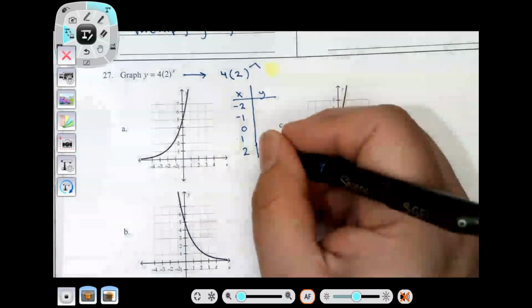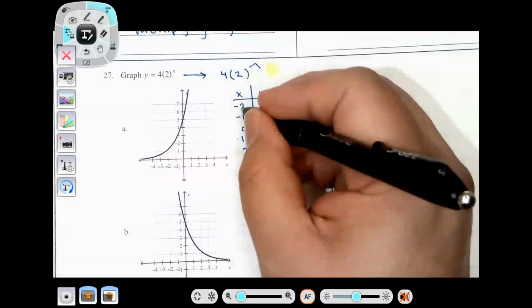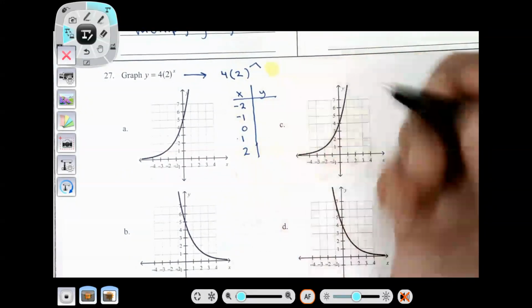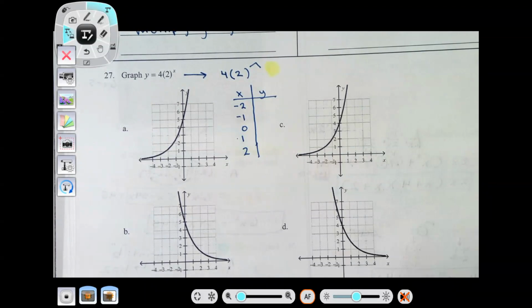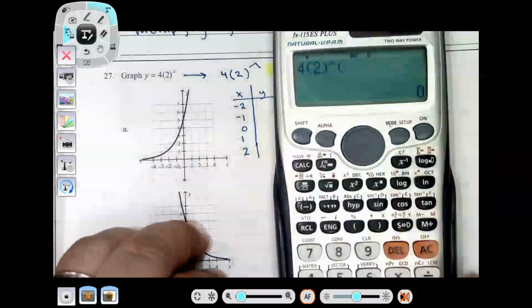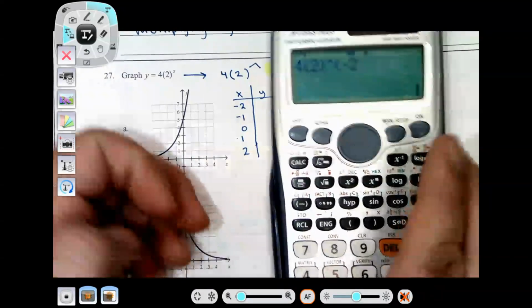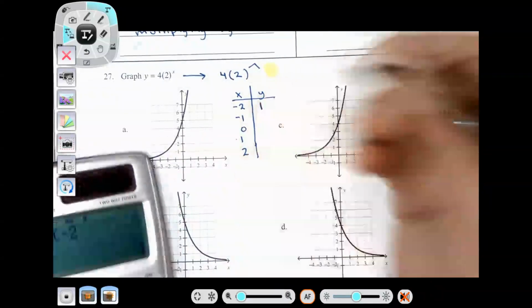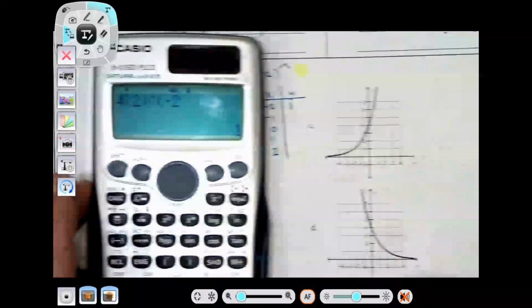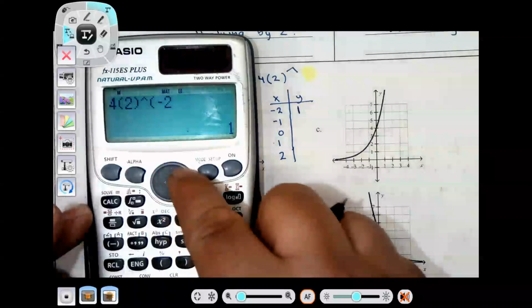So we start to plug in. If I plug in a 4, you get the calculator ready, 4 parentheses 2 to the power of, all right, so here we go. -2, I get a 1. And then 4, I just go back up there.